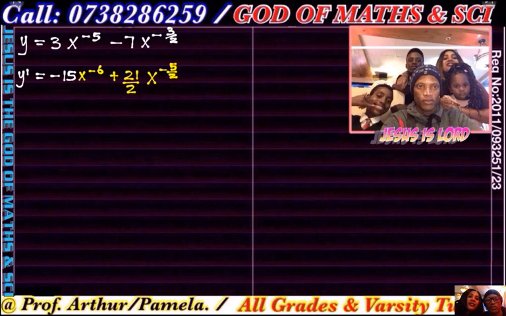If I leave it with positive exponents, then y prime is going to be negative 15, only the power changes, under x to the power of 6. And then plus 21 over 2, and under there it would be x to the power of 5 over 2.